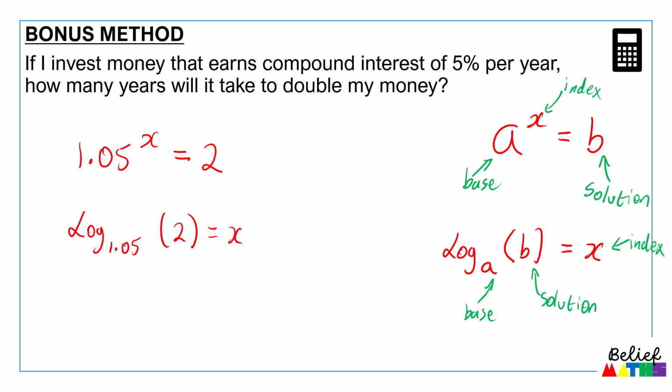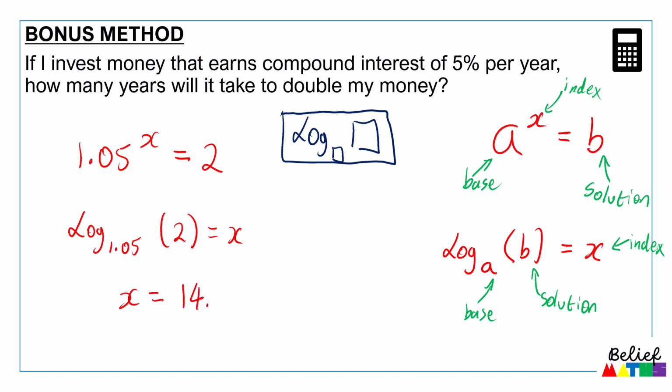Now, on your calculator, you'll find a button that looks slightly different, but it's usually on your calculator. It'll say log, and then a little square there, and a big square there. That's the one where you can pick your custom base. The reason this is useful is because if you then put that into your calculator, it gives you x equals 14.2067. So it's a little bit more than 14 years.